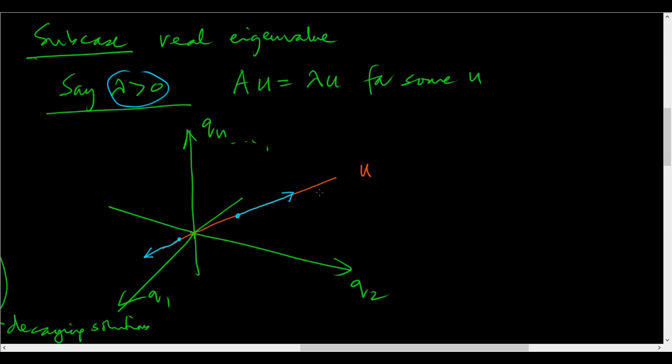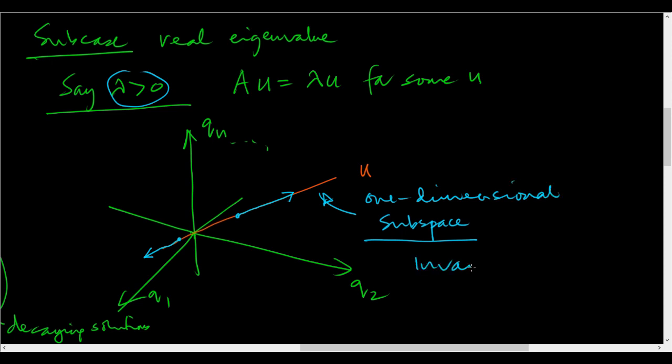This is actually a one-dimensional subspace, and it's called an invariant subspace because an initial condition that starts in this subspace remains in the subspace.